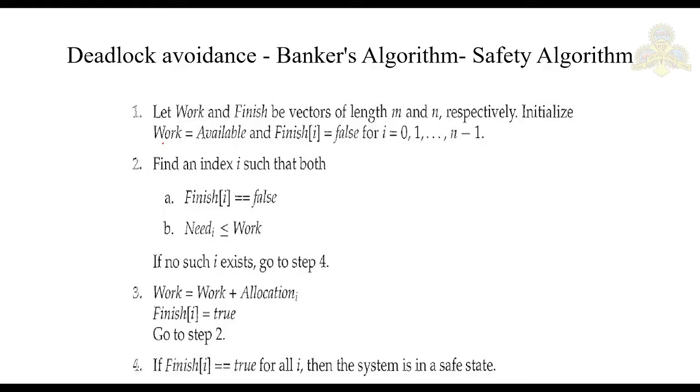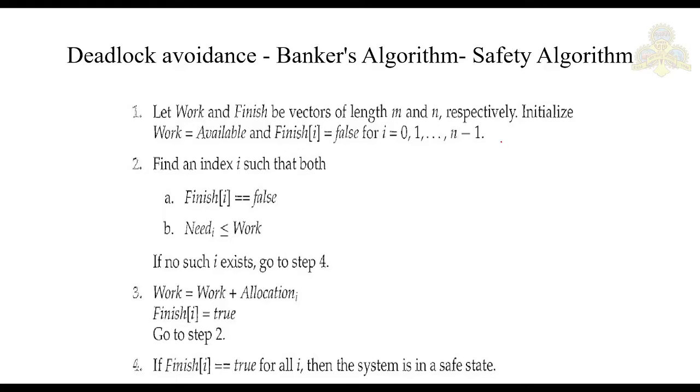If your system contains, say suppose, 20 resources, then that number 20 would be assigned to this variable work, and finish of i is equal to false for i equal to 0, 1 till n minus 1. Suppose there are n processes in the system.